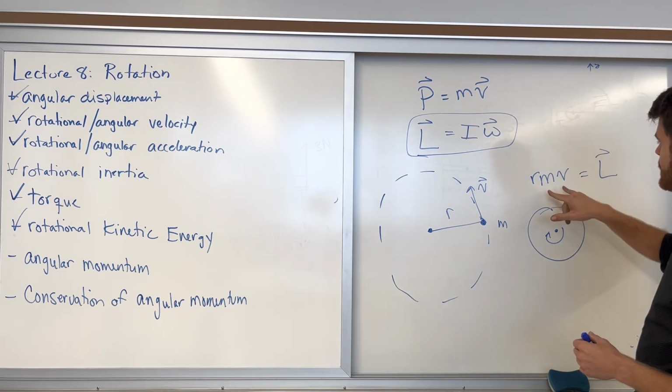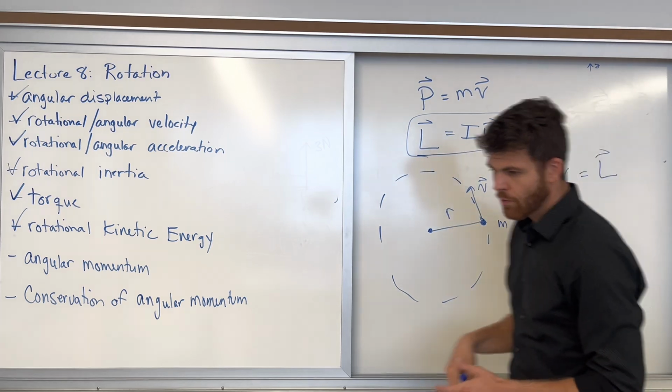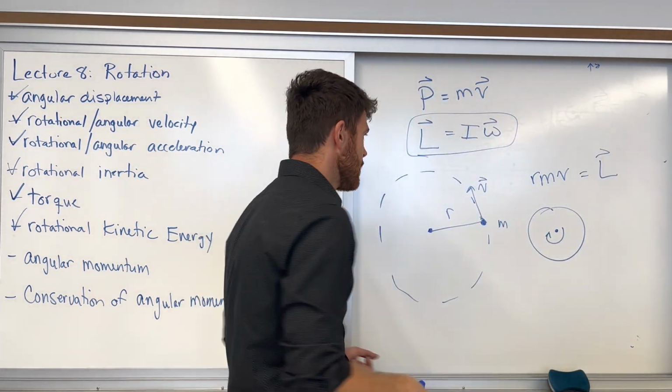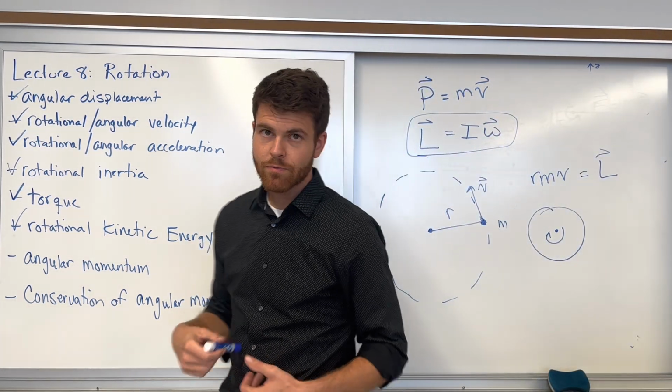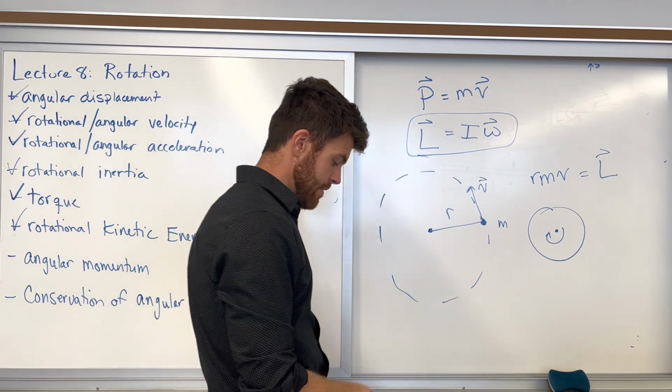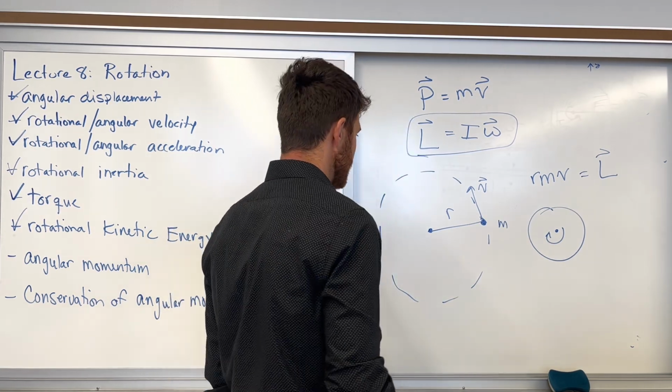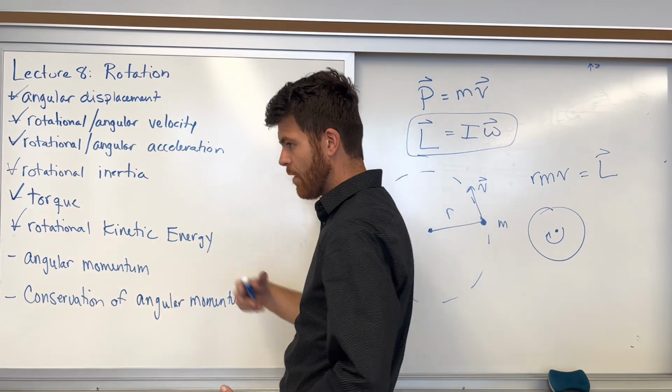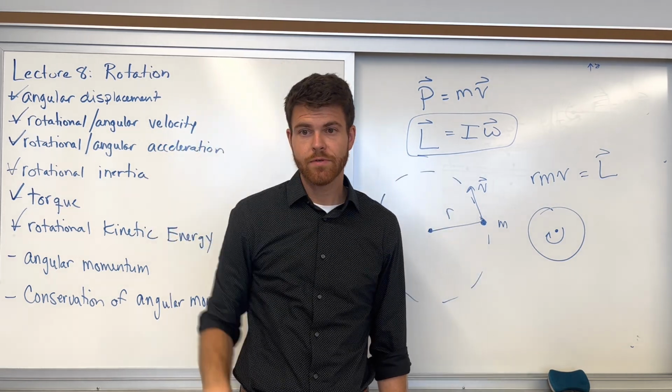Right, so you couldn't use this for my body. What is the angular momentum of my body? Well, I'm not a single mass rotating about a point. My whole body is rotating about this axis of rotation.